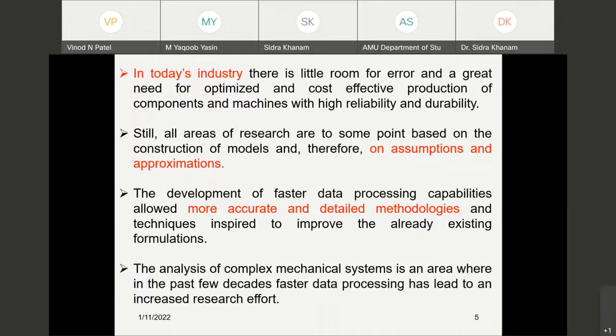Faster data processing is also required, and software like MATLAB and Scilab provide data processing techniques, and even special signal processing tools are available. So we can utilize those for understanding the dynamic characteristics of machine components.